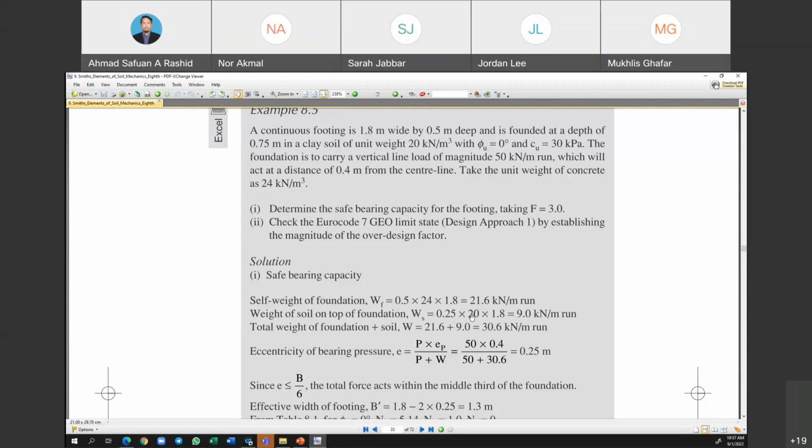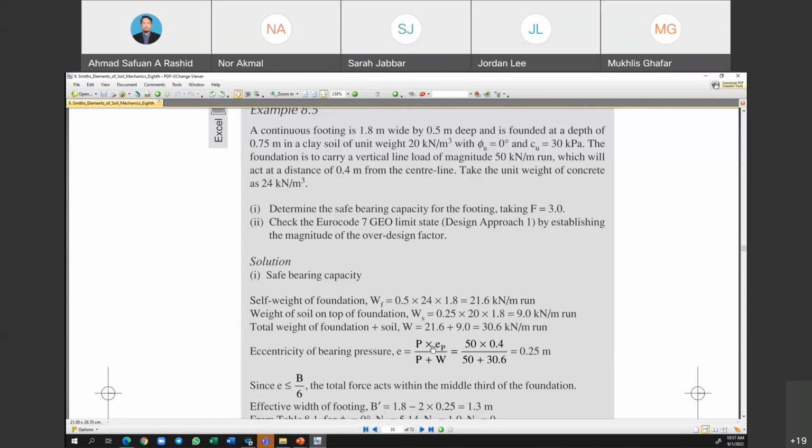We multiply with 20, the unit weight of the soil, and then with 1.8, the width of the footing. It is a continuous footing, so we get the value in kilonewton per meter run, which is 9. So the total weight of the foundation is 21.6 plus 9, which gives 30.6.